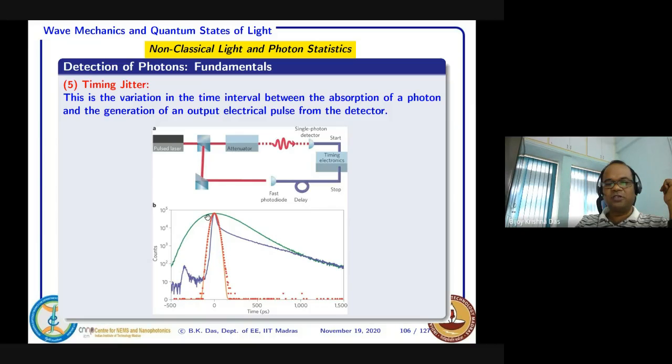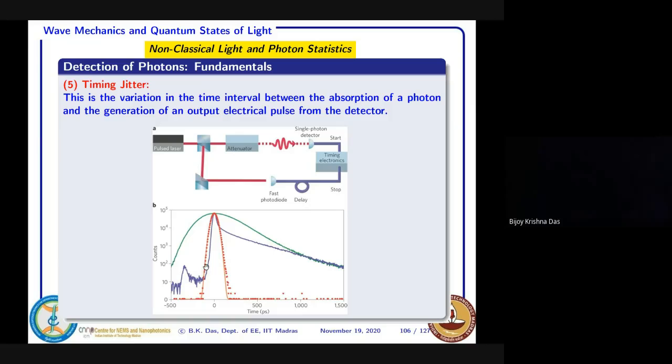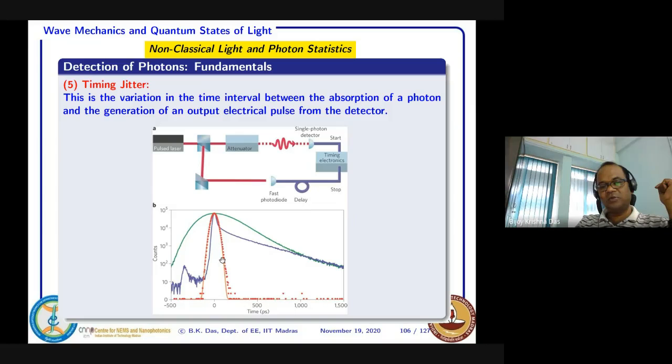For example, the full width at half maximum here, this is the count you are getting, I think this is about 500 picoseconds. But this is a special type of photodetector they measured, where you can make it a little bit faster and the jitter can be reduced, so this FWHM can be reduced. This is the Gaussian type of curve you get. This is the red color one.